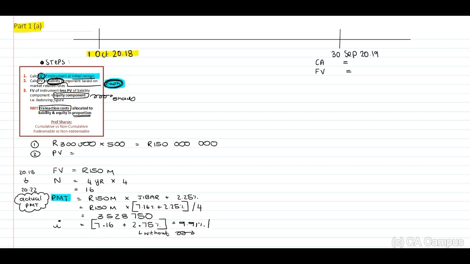Now, important, divide this by 4 because of quarterly payments, and this will be 2.48%. And our present value will be 147,499,340. Guys, I have checked my calculations with Excel. If you do this with your calculator, there will be a slight difference. Please still allocate your marks when you mark this.